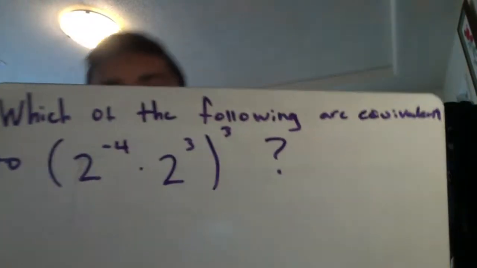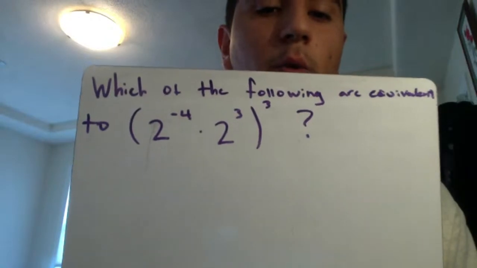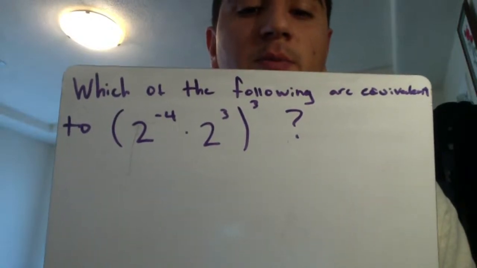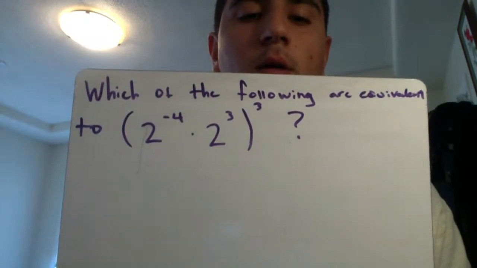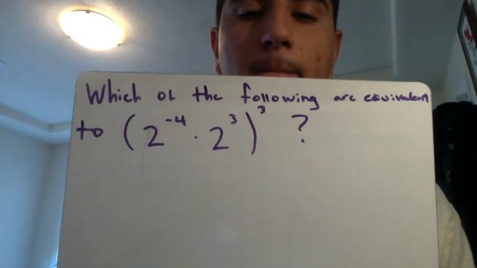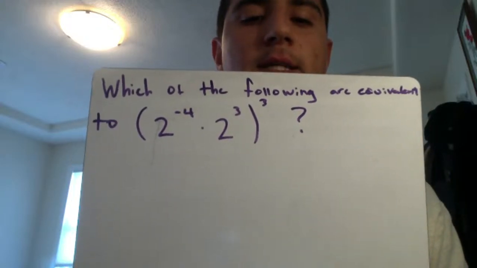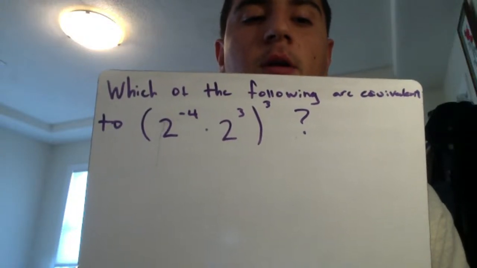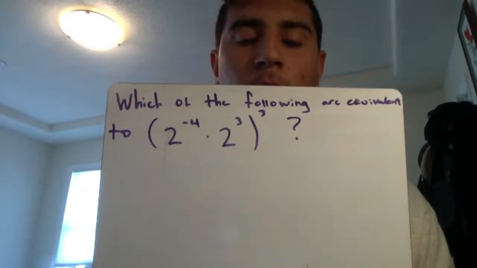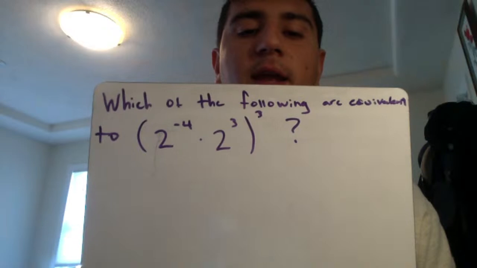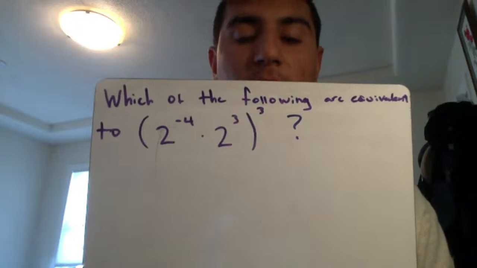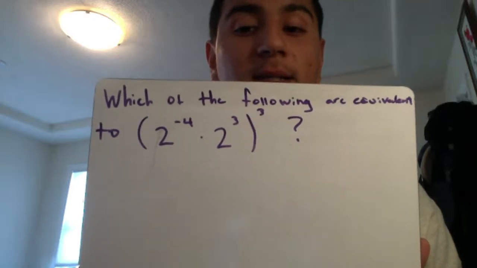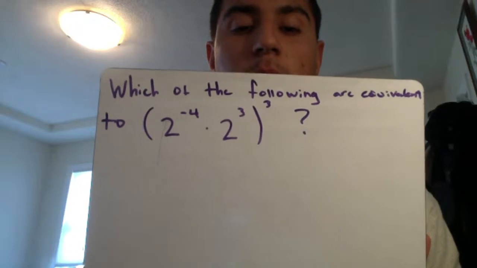So I rewrote the question for you, and it asks which of the following is equivalent to the expression: 2 to the negative 4 times 2 to the third, all raised to the third power. My question was, can we simplify what is inside of the parentheses before we think about the exponent? And what is 2 to the negative 4 times 2 to the third? And then I asked what negative 4 plus 3 is.